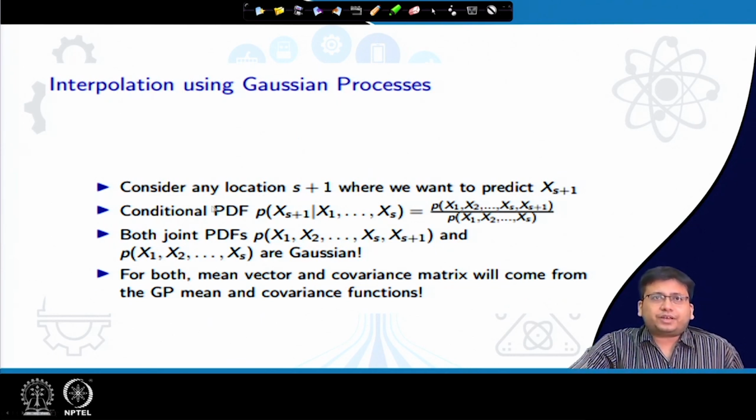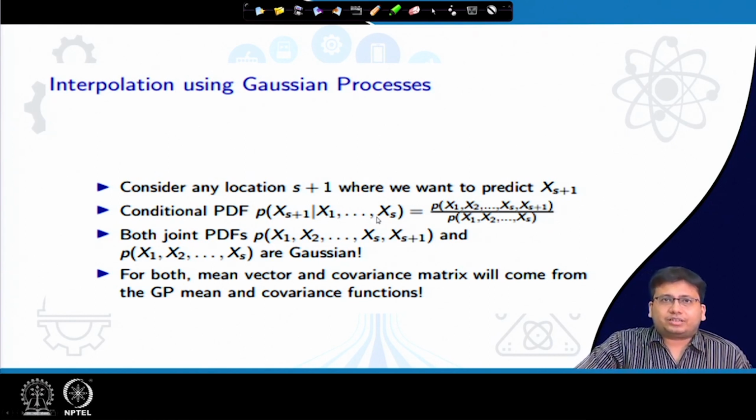To be more specific, let us say we have the observations at s locations x1, x2 up to xs, and I want to make the prediction at location s plus 1, which is x of s plus 1. So I will create a conditional probability distribution for x of s plus 1, which can obviously be written this way using the standard definition.